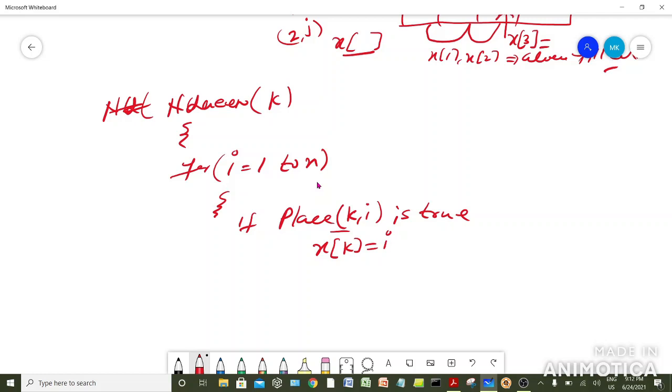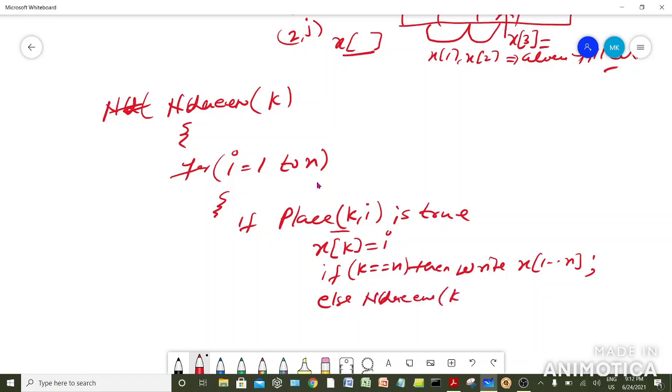Now along with this, if k is equal to n, means we have reached the result, then write x[1 to n]. Means we need to write the result, and if not, then we need to call the n queens algorithm with the next row, or the next queen to place.